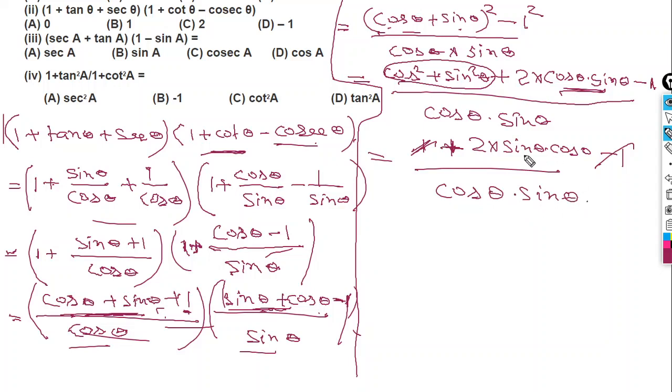Now look at it, cos theta sin theta will be cancelled with sin theta cos theta, okay? Equal to 2 will be our answer. So look at the options now, a is 0, b is 1, c is 2, so answer will be 2 for us. Now we will move to triple I.